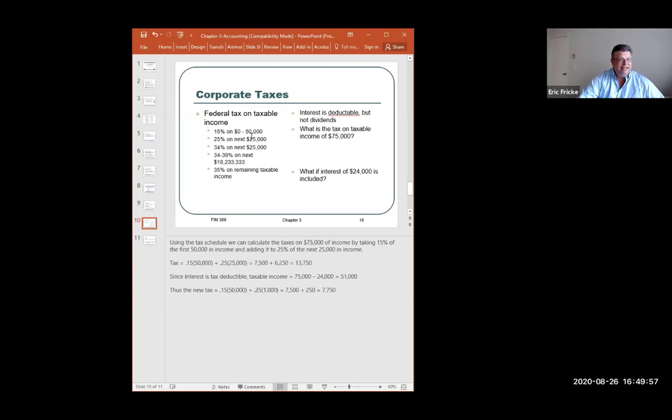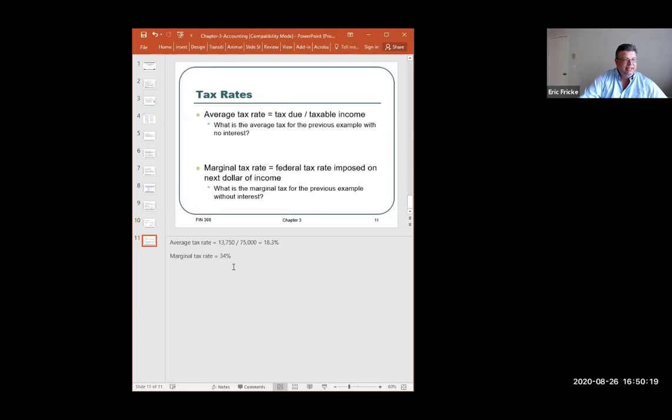At $75,000, that means we're going to start being taxed right here, right? So the marginal tax rate for $75,001 is 34%. What's the next dollar tax rate? That's the marginal. So that's 34%. And that's the average right here, the answer right here.